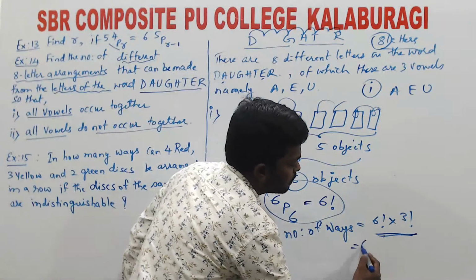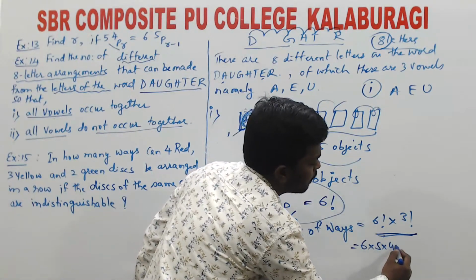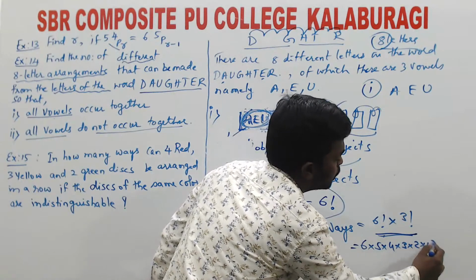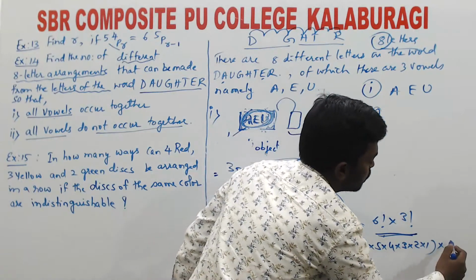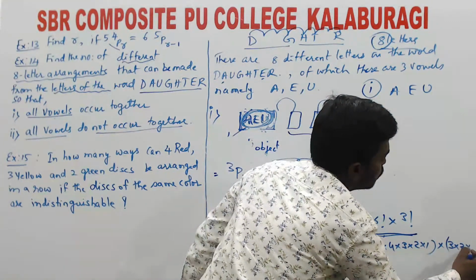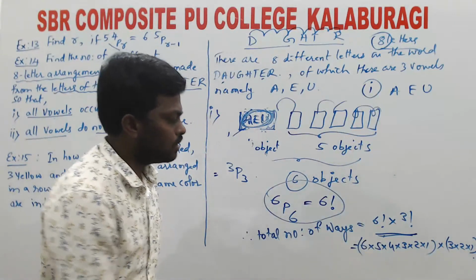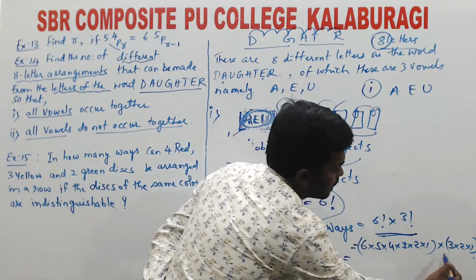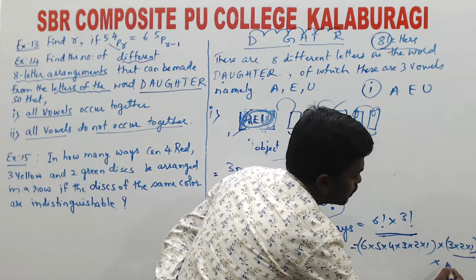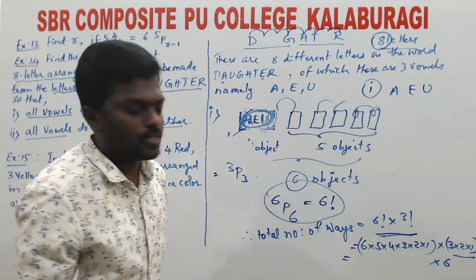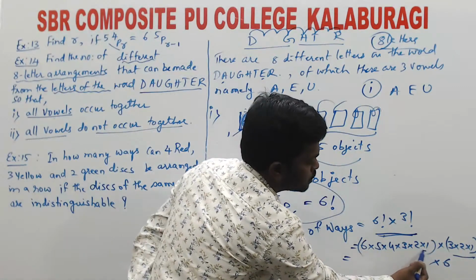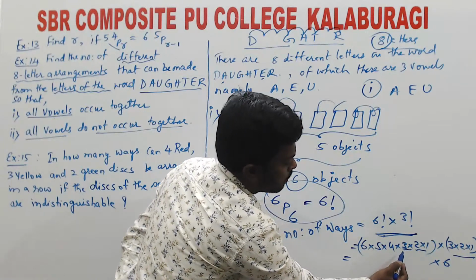Now just simplify, what will be the answer? 6, 5, 4, 3, 2 into 1, right? Into 3 factorial, 3 into 2 into 1. This is 6, okay, students. So now this is 2, 6, right?